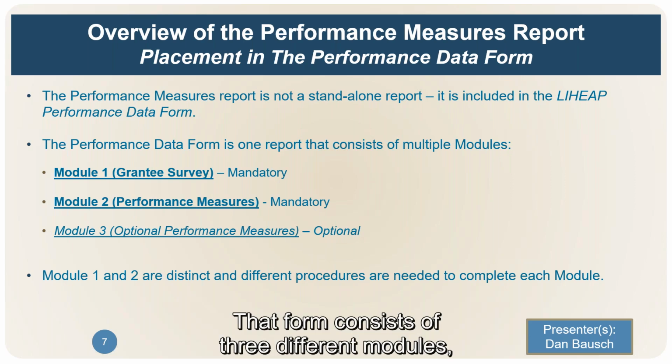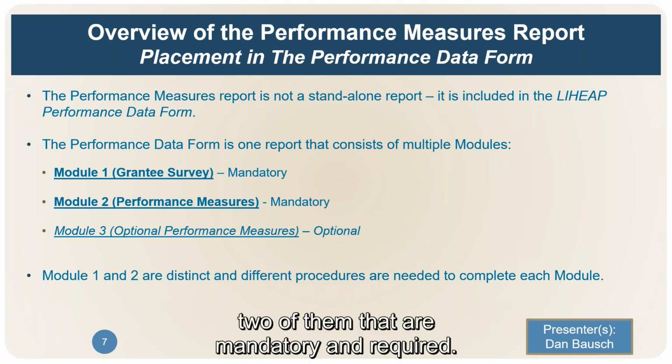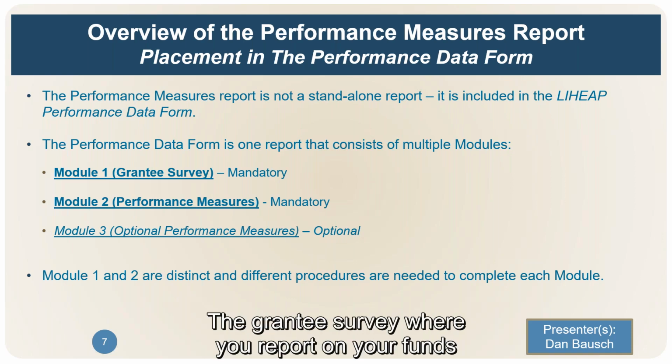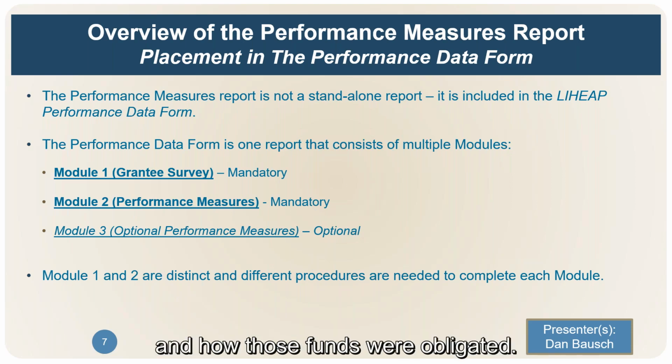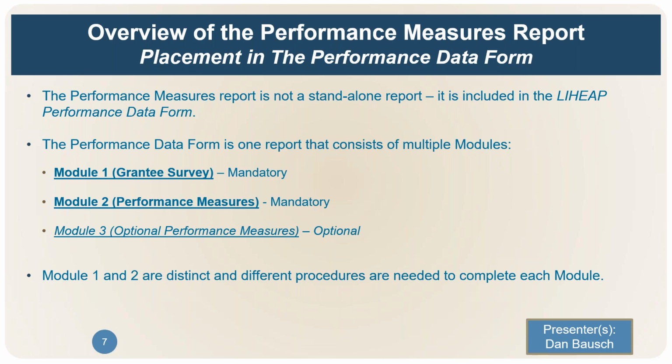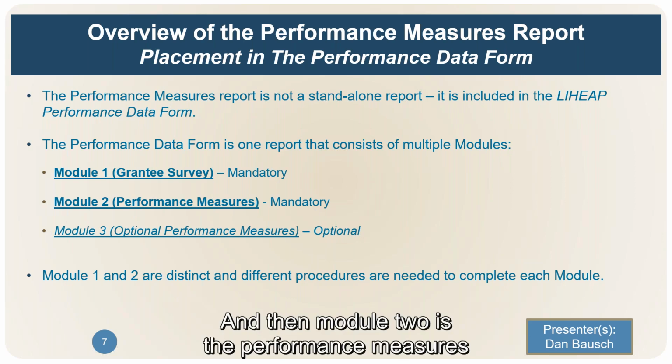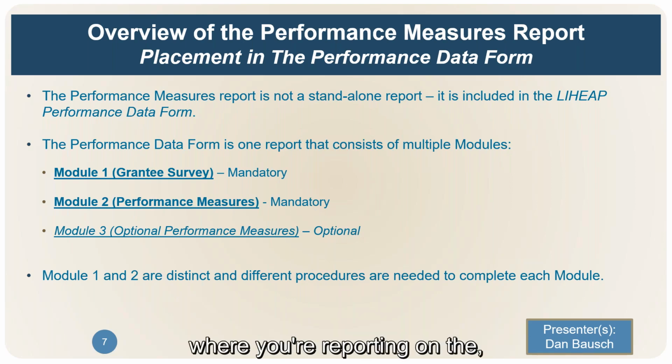That form consists of 3 different modules, 2 of them that are mandatory and required. The grantee survey, where you report on your funds that were available during the federal fiscal year and how those funds were obligated. And then module 2 is the performance measures, where you're reporting on the impacts of LIHEAP assistance during the federal fiscal year.